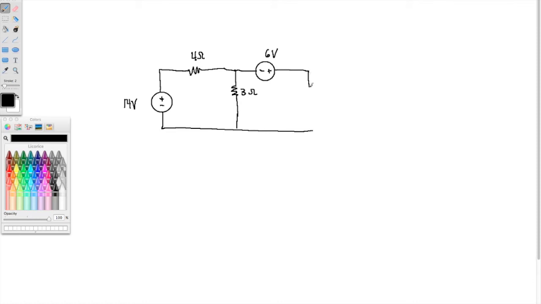And we have a 2 ohm resistor and a 6 ohm resistor. And the question is about, here's V, and here's I. So the question is, find V and I.